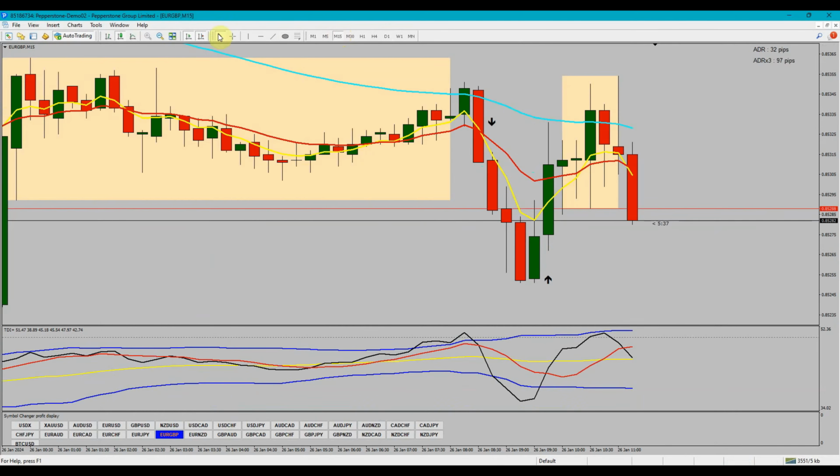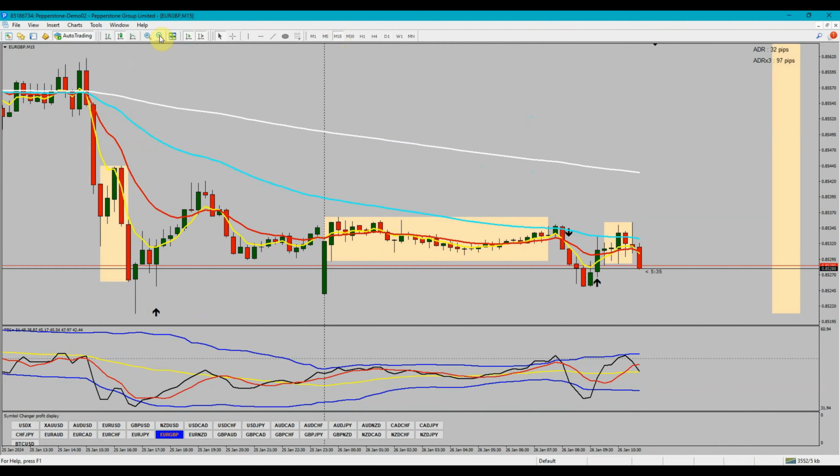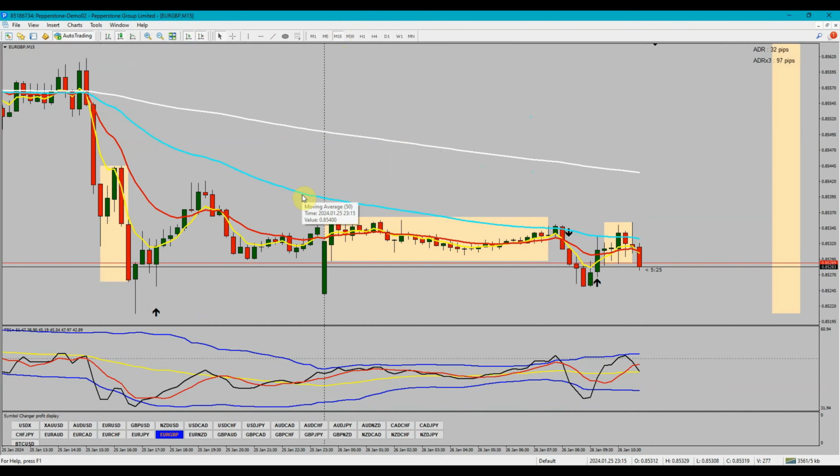So now I go to my 15-minute chart and I'm looking for my 200-period exponential moving average to be above my 50-period moving average. So the first step I'm looking for is price to trade below, this is for a sell, below my 13 EMA on the daily, and now I come to my 15-minute chart.